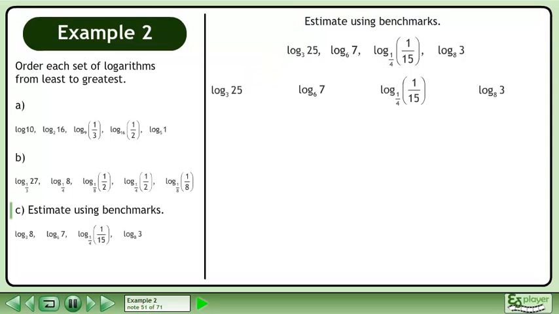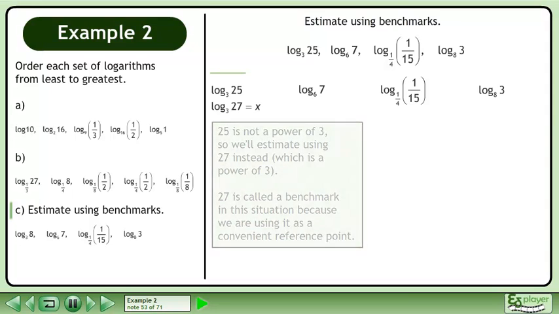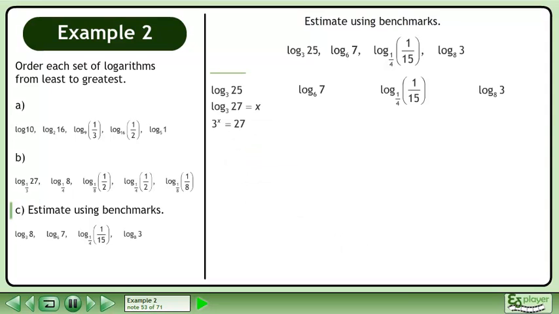Rewrite the set of logarithms. 25 is not a power of 3, so we'll estimate using 27 instead, which is a power of 3. 27 is called a benchmark in this situation because we are using it as a convenient reference point. The logarithm can be written as 3 to the power of x equals 27.